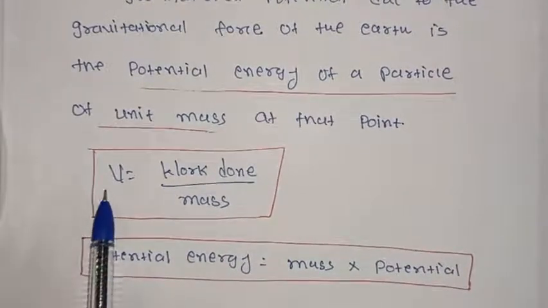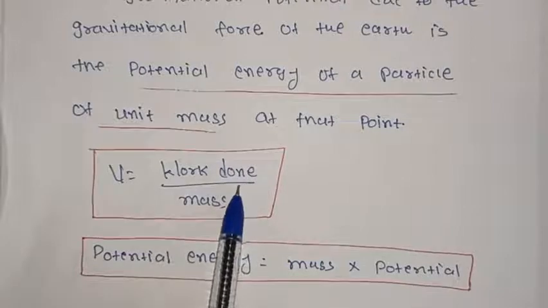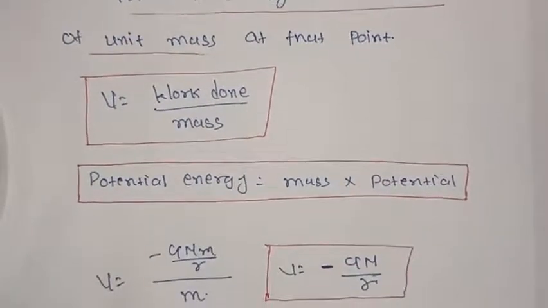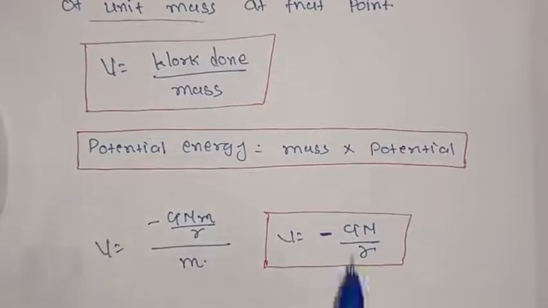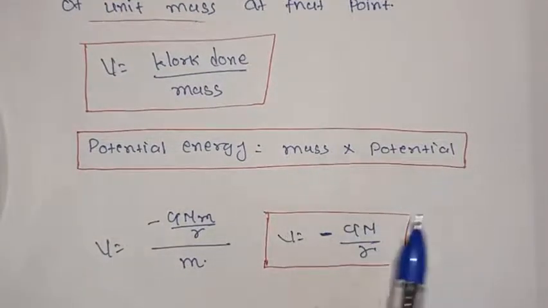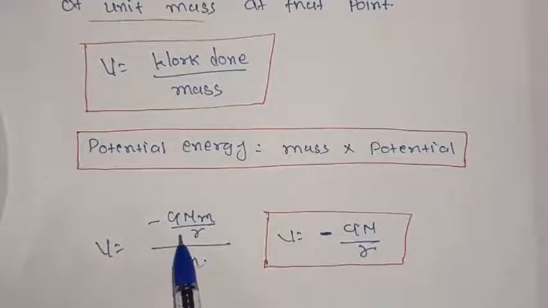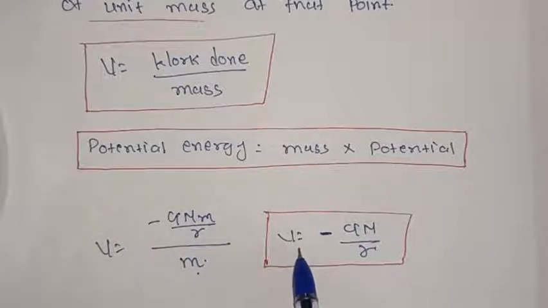So, potential will be equal to work done per unit mass. And potential energy can be written as mass into potential. So, V will be equal to potential energy, given by minus GMm upon r, divided by mass, that will be equal to minus GM upon r.